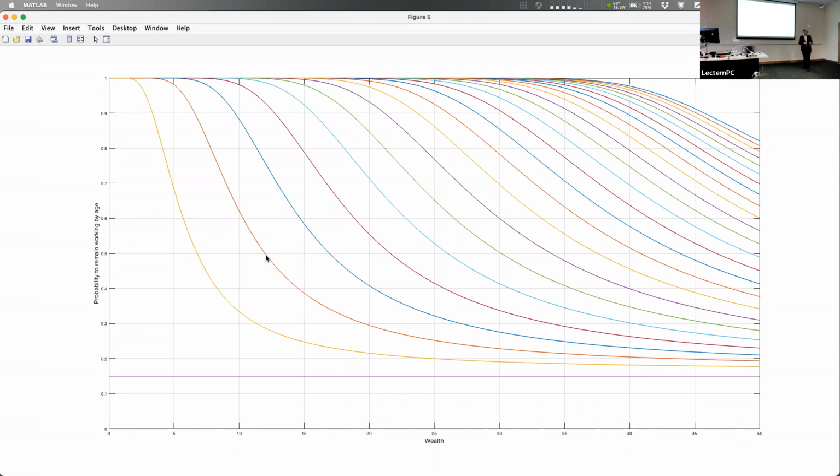Even when it's optimal to retire, there are small probabilities that people may still be working. And then you can see all these choice probabilities evolving over the life cycle. As before, the idea is that in capital T minus 1, the probability of remaining working is high for people who don't have enough money, whose wealth is really low.